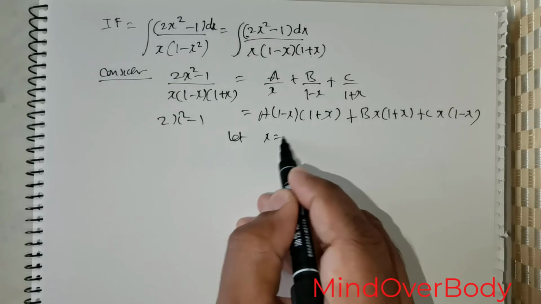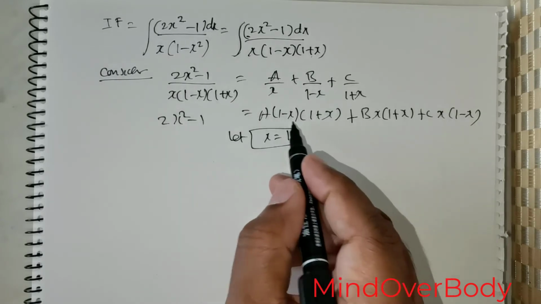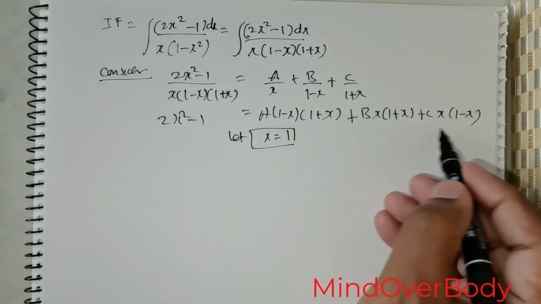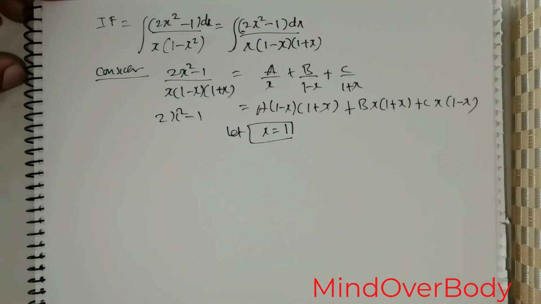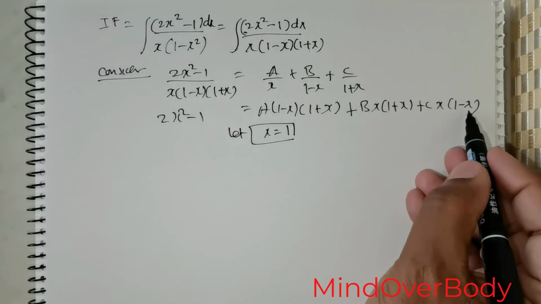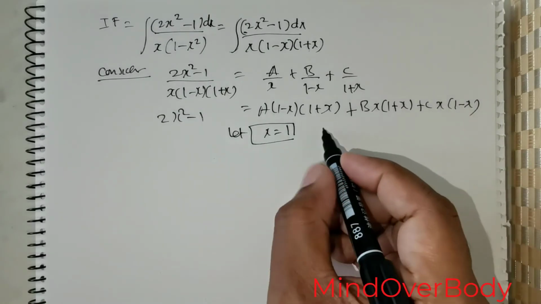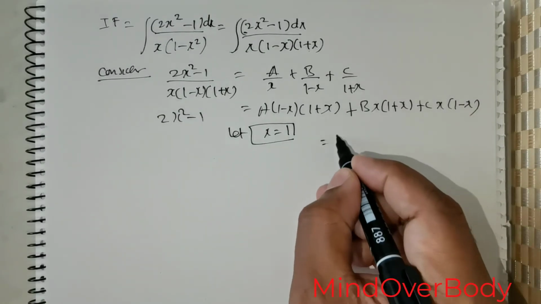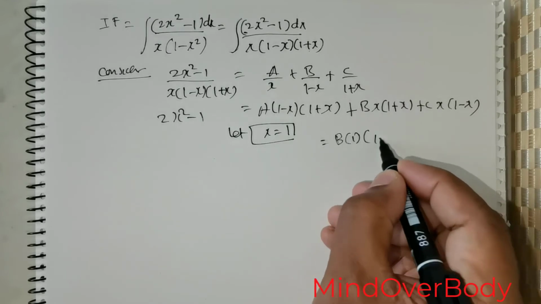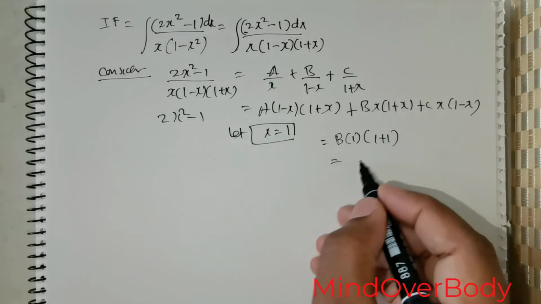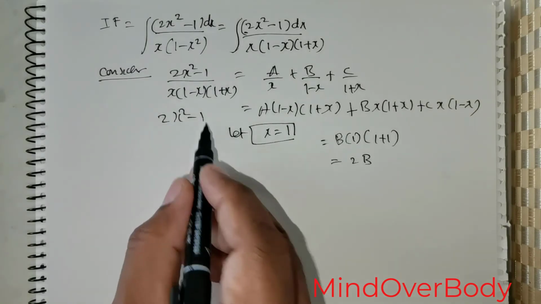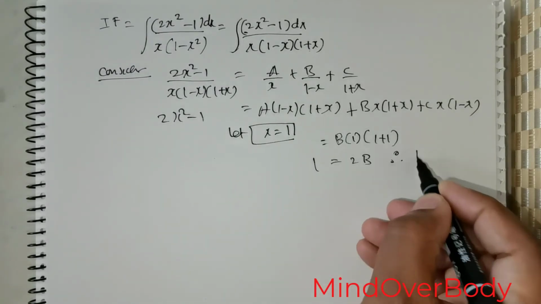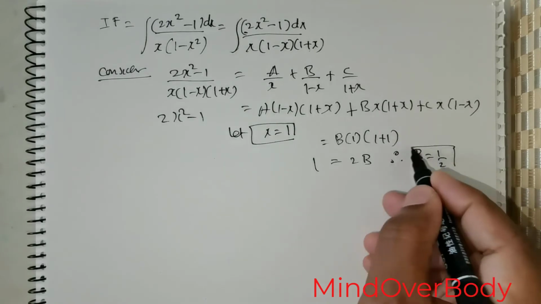Now if I take x equal to 1, the first term goes off, and the c term also goes off. I am left with b times 1 times (1 + 1), which gives me 2b. On the left hand side, x equal to 1 gives 2 − 1. So the value of b is 1/2.